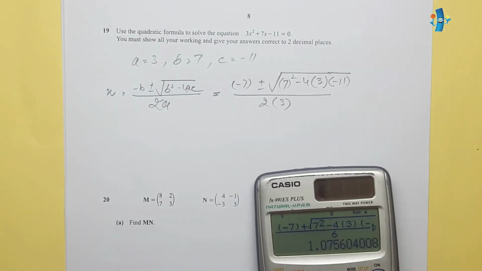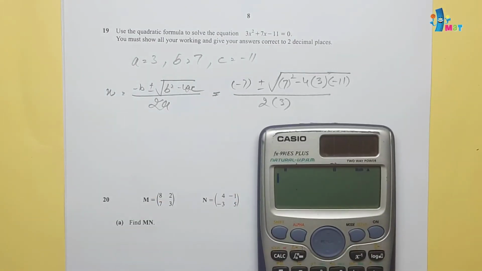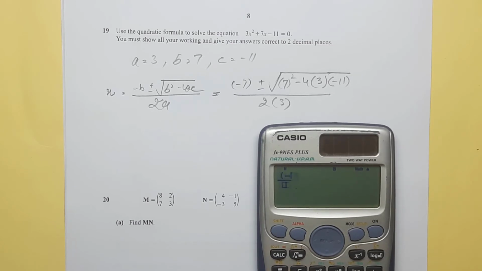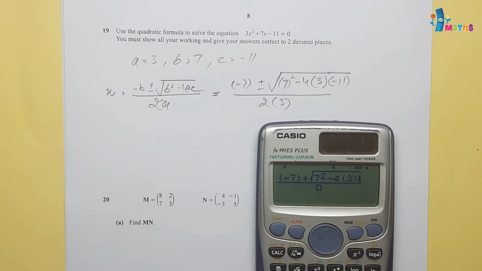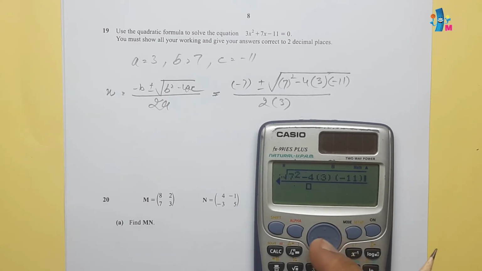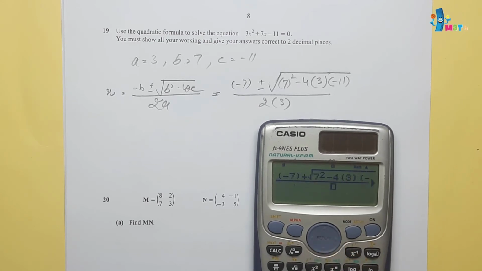We will use the calculator to solve this, and we'll be taking a fraction, and minus 7 plus. I'll take plus first, then I'll take minus also. This will be 7 squared minus 4 into 3 into minus 11, and divided by 2 into 3, which is 6.